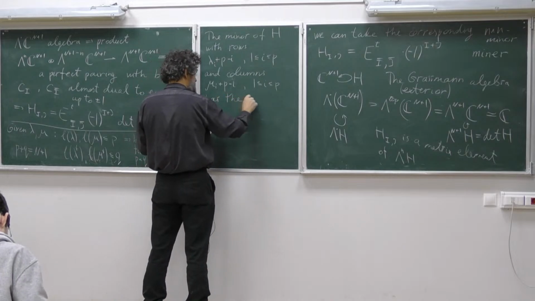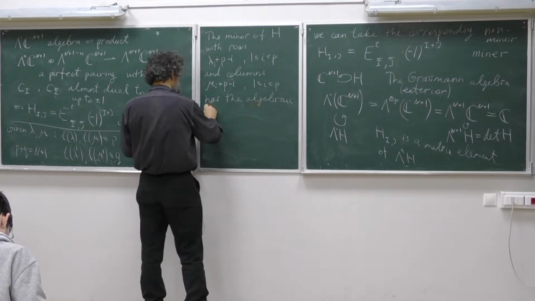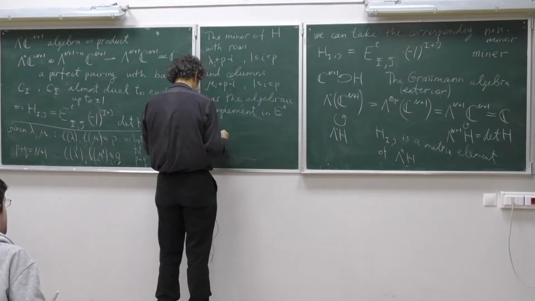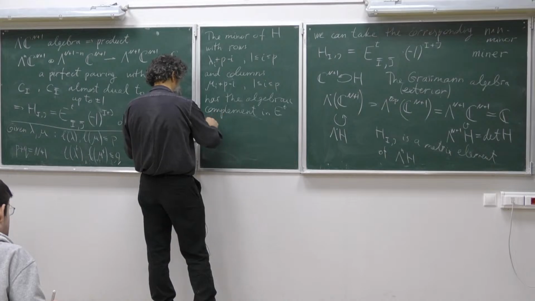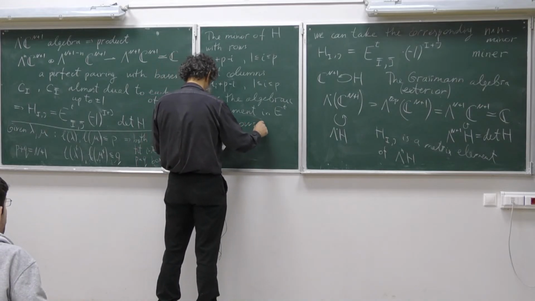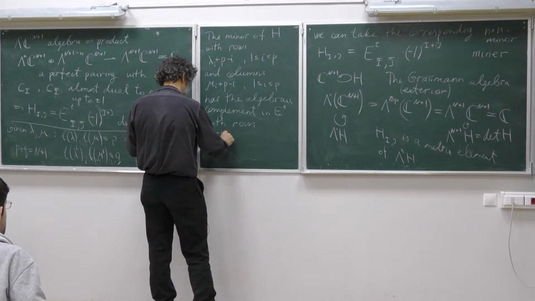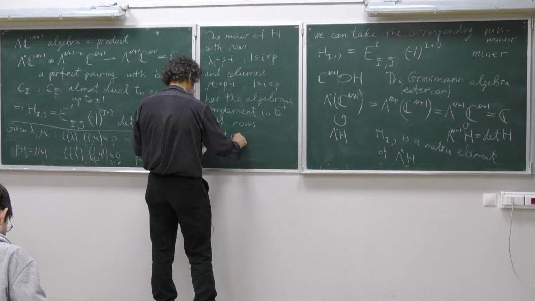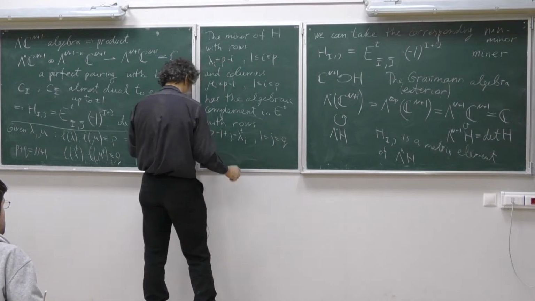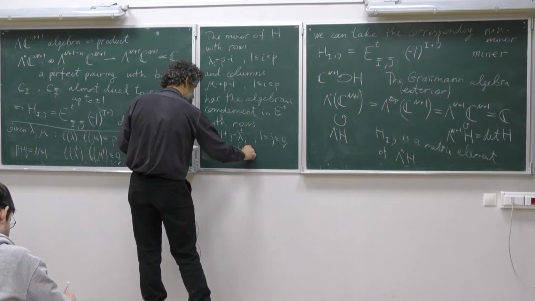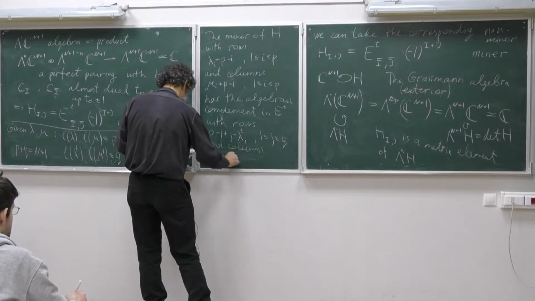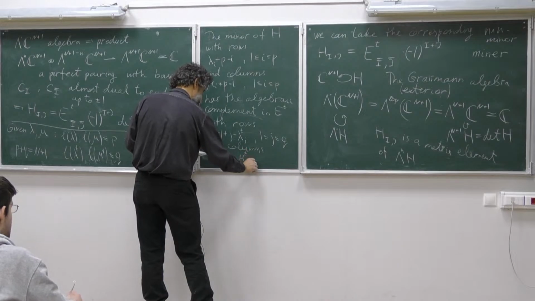It has the algebraic complement in E transposed, with rows p minus 1 plus j minus lambda j transposed, 1 less than or equal to j less than or equal to q, and columns p minus 1 plus j minus mu j transposed.